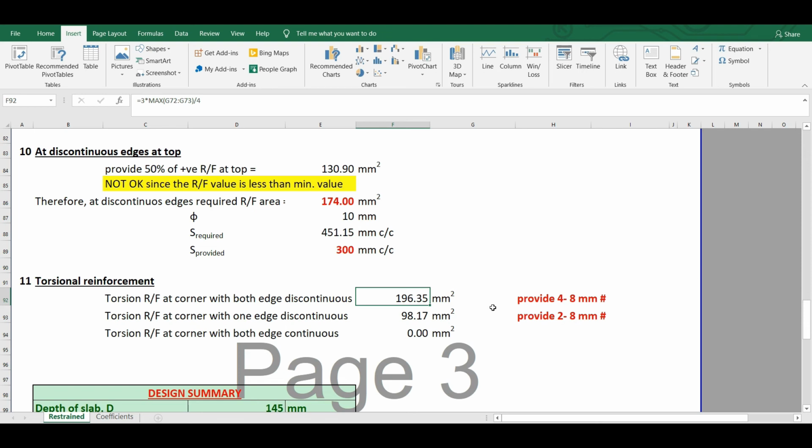So 4 bars of 8 mm dia we will provide as a torsional reinforcement in the form of mesh. Similarly, at the corner with only one edge discontinuous we will provide half of this value, that is half of 196.35 mm square. And at the corner with both edges continuous, we need not provide the torsional reinforcement.